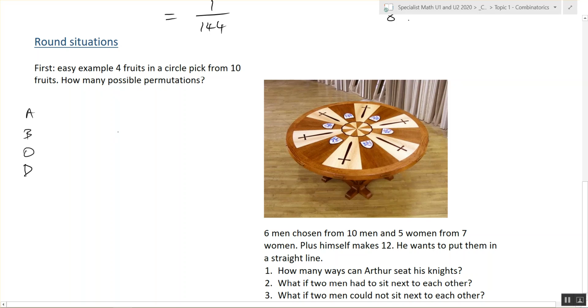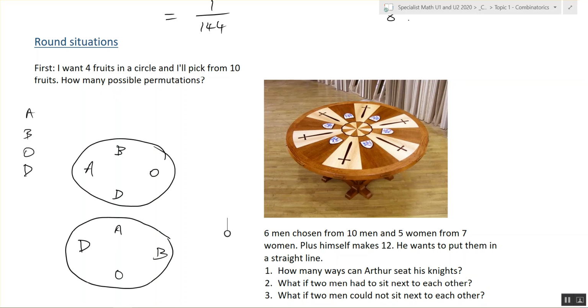How many possible ways, if it was in a line, the first circle would be A, B, O, D, and the second one would be D, A, B, O. You see that? But in a circle, it's the same, isn't it? You see that? So has anyone got an idea how we're going to change?